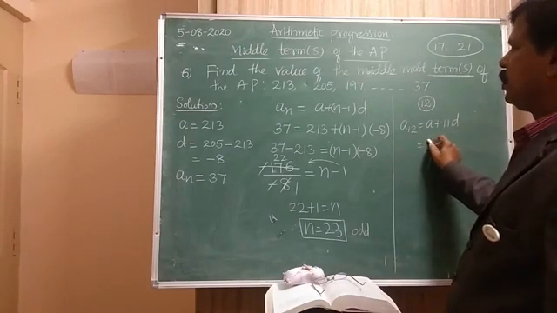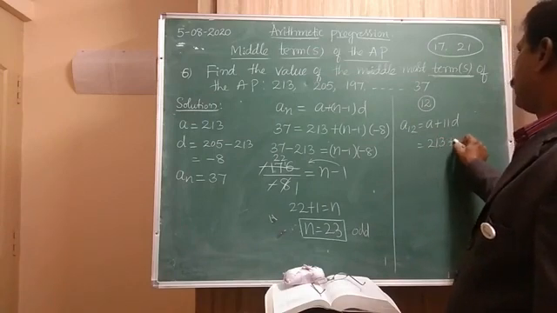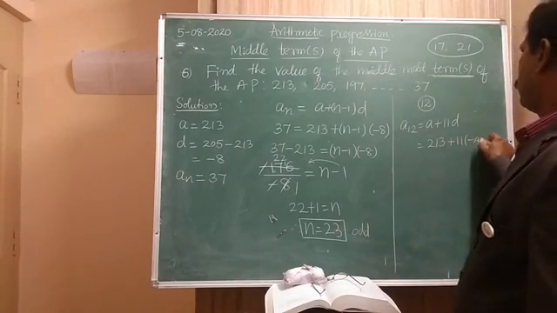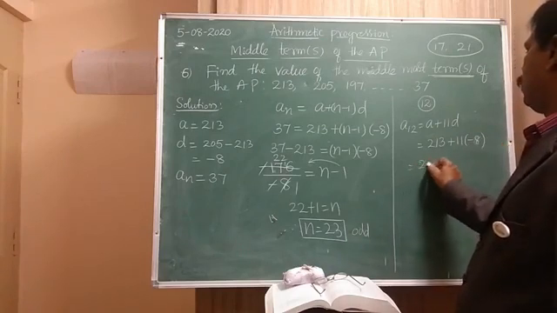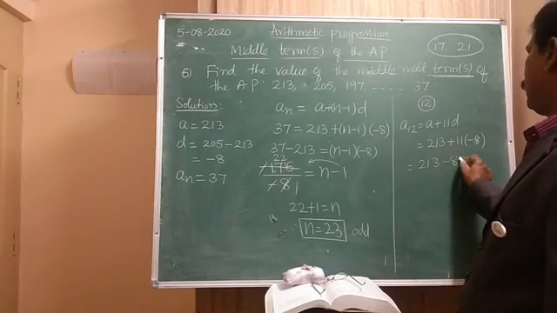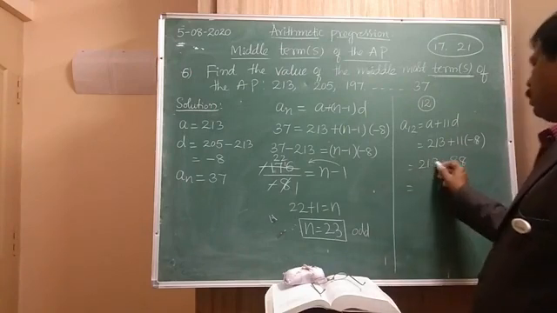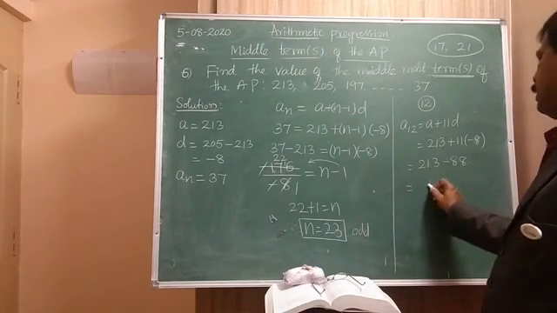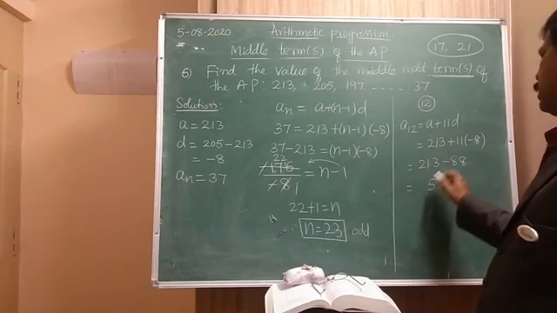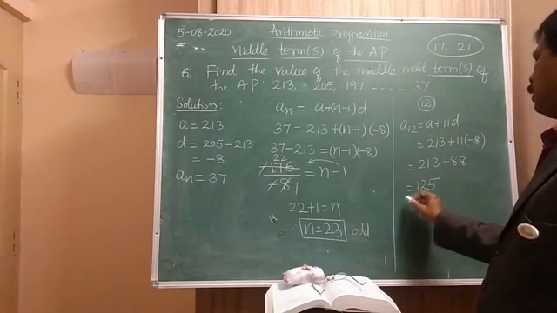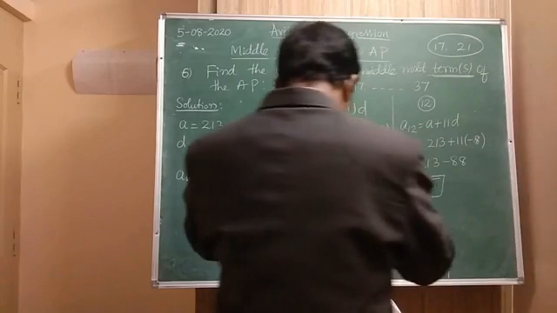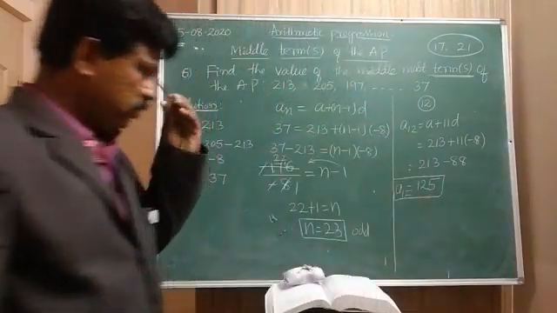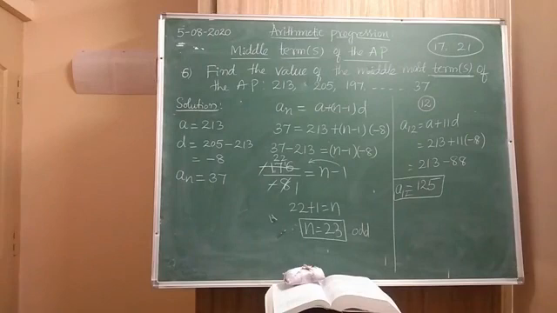That is a is 213 plus 11 into minus 8. So 213 minus 88. 13 minus 8 is 5, 20 minus 8 is 12. So a12, what is that? The middlemost term is 125.